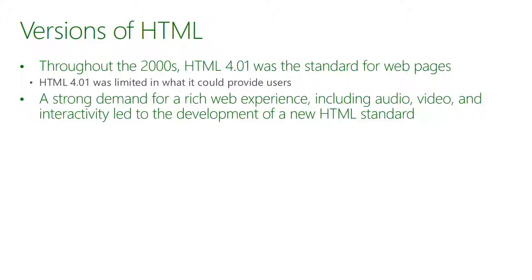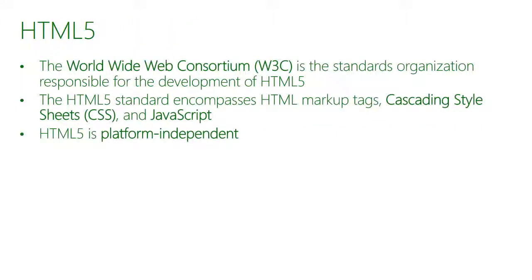This led on to the development of a new HTML standard, which was 5. The World Wide Web Consortium, otherwise known as W3C, is the standards organization that's responsible for the development of HTML5.